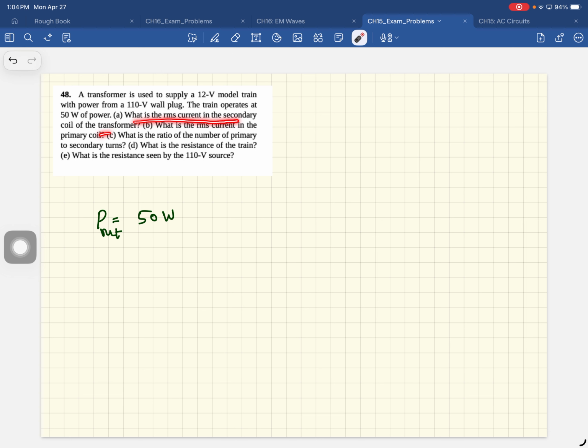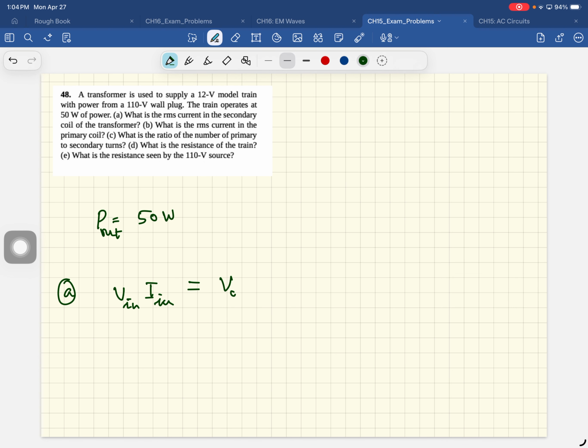Okay. So part A, we'll write V, and these are all RMS values. Input is V out over I out. So we are given V out, we are given V in, and we know this is power out.